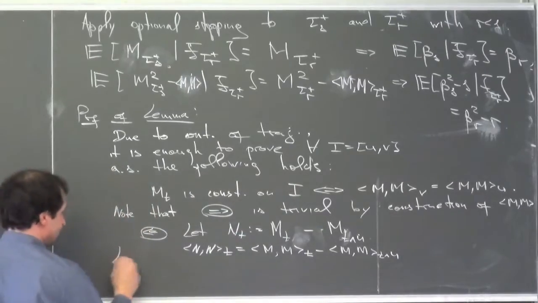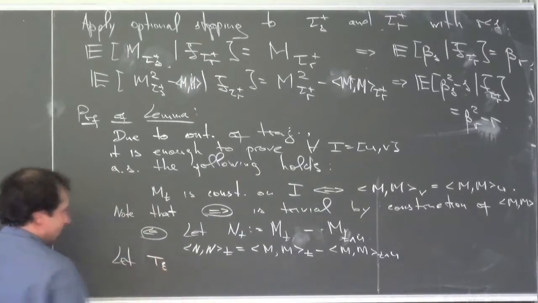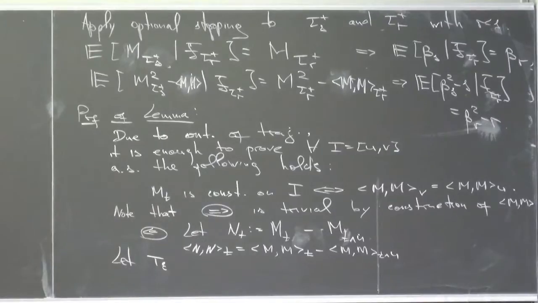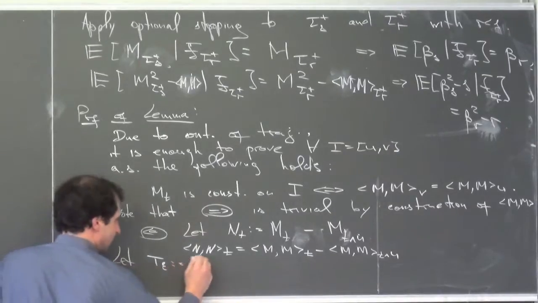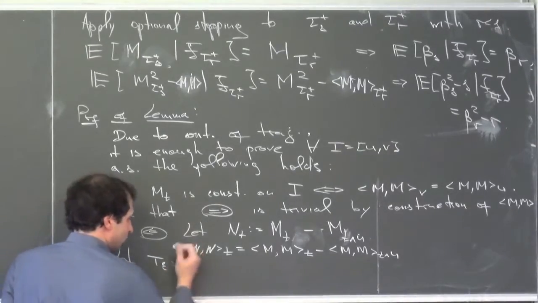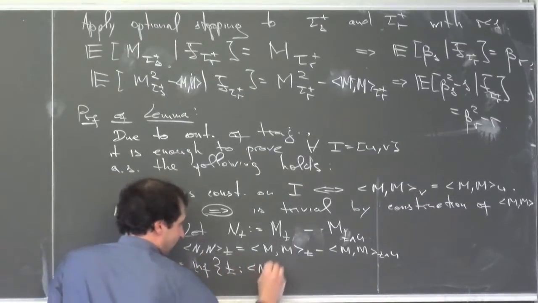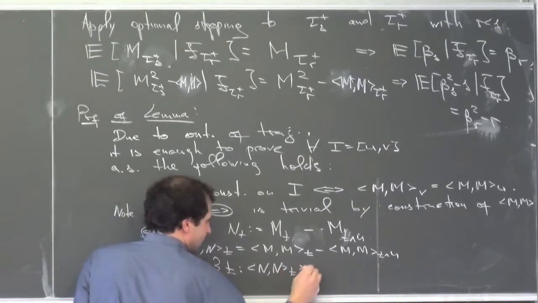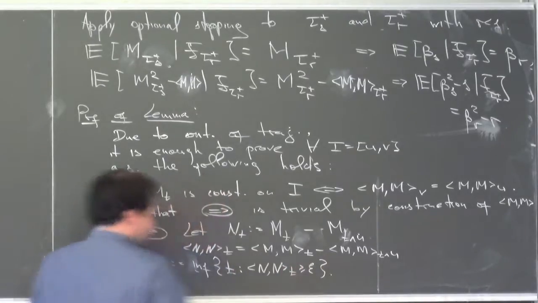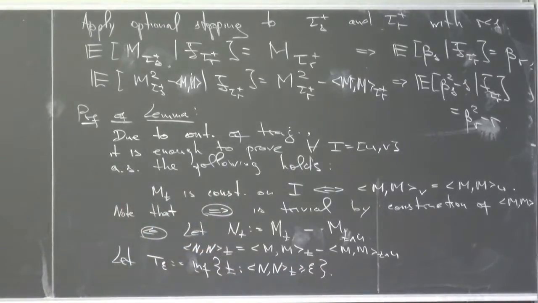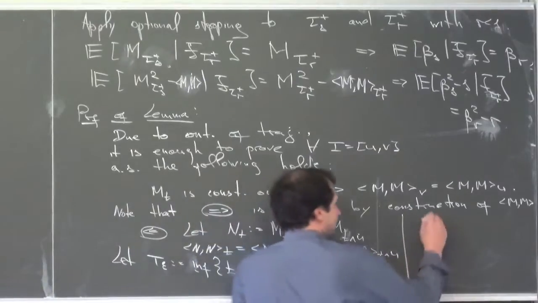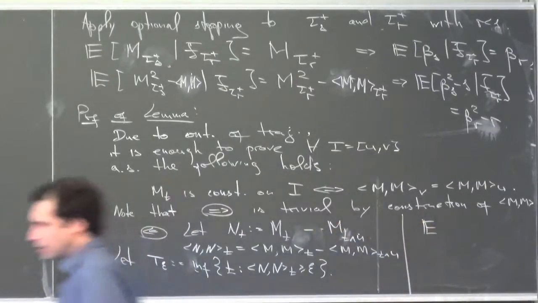And let us introduce a stopping time, t epsilon, which is by definition the infimum of all t such that the quadratic variation of N at t exceeds epsilon.